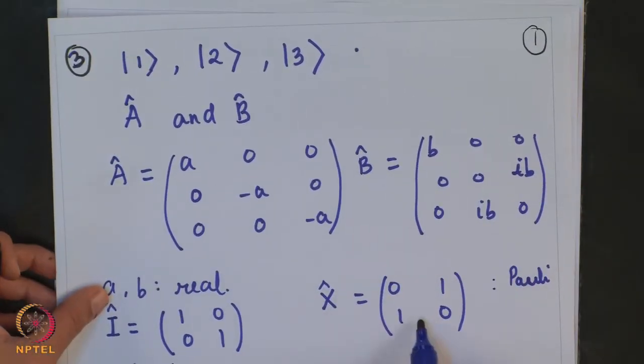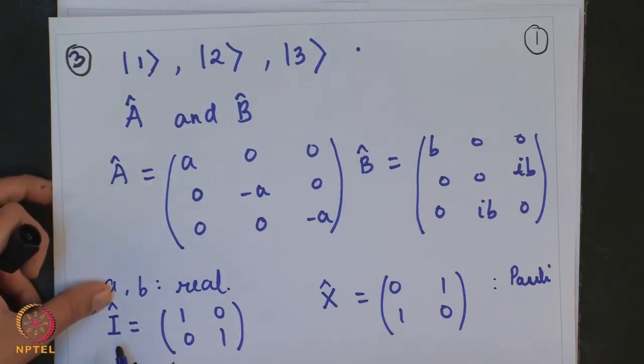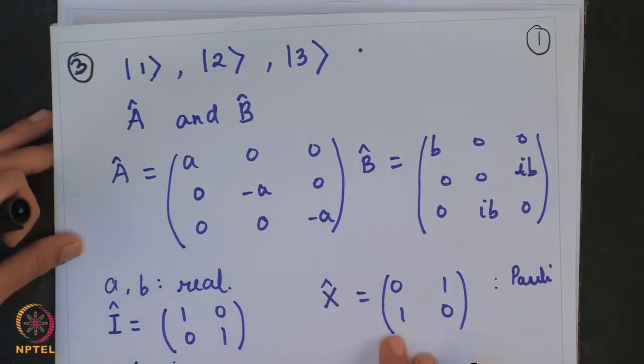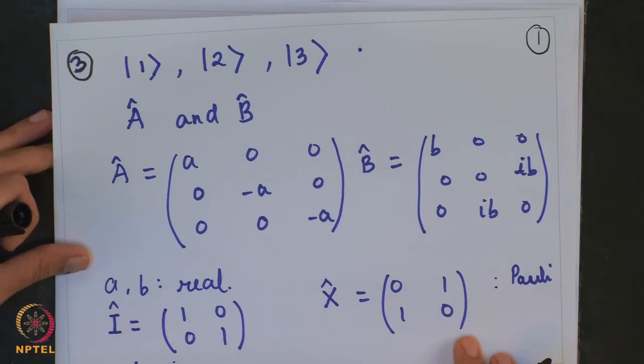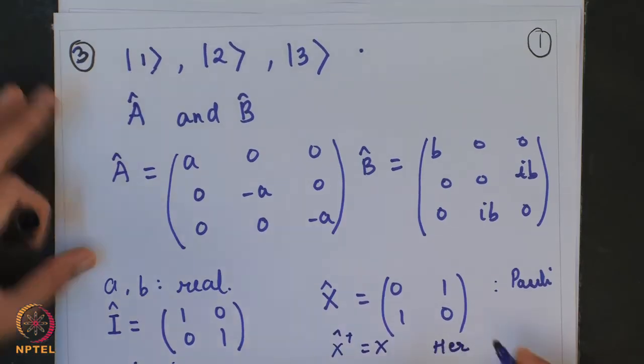This was the operator x, 0 1 1 0, and this is the identity operator I, which is 1 0 0 1. You can see from here that x is a Hermitian operator. If you take x dagger, it will be equal to x. So x is Hermitian.